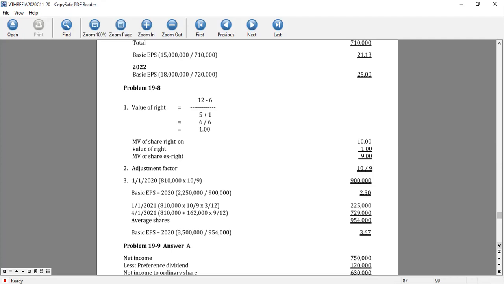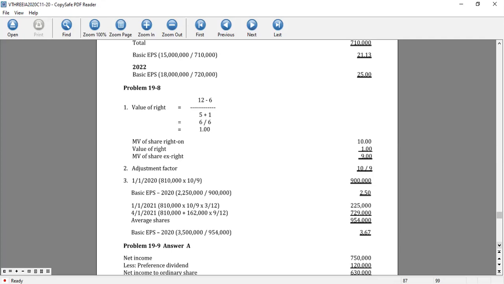We multiply by 10 over 9. That's the adjustment factor. So we get 900,000. So the basic earnings per share is the net income of 2,250,000 divided by 900,000 shares, it's 2.50.